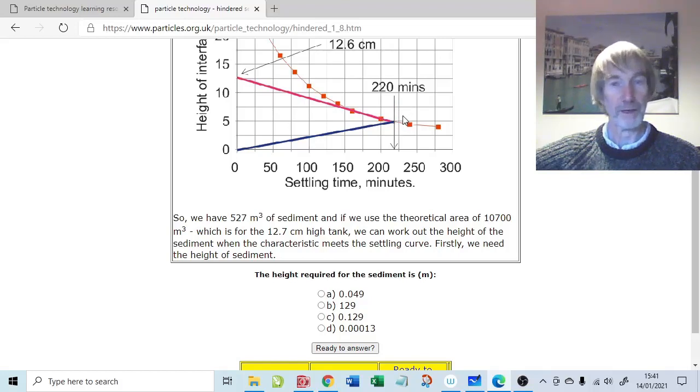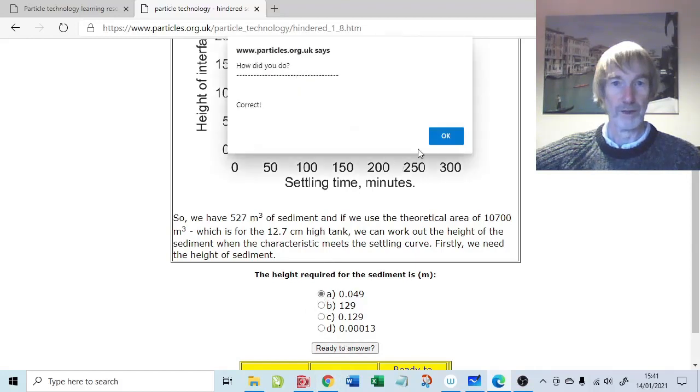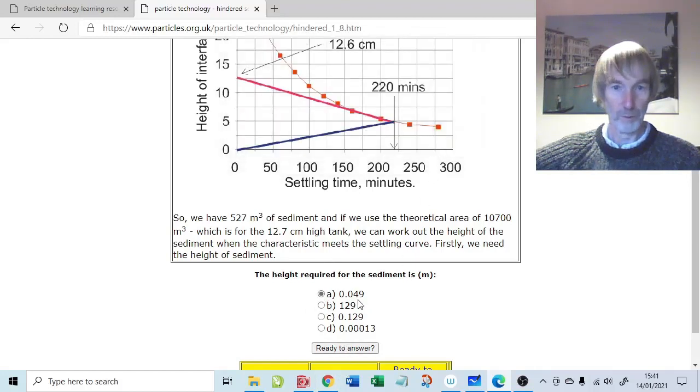That's what we'll be pumping back into the process. So we've done a material balance to work out the height required for the sediment, which in metres is going to be around about 0.049. Let's call that 5 centimetres.